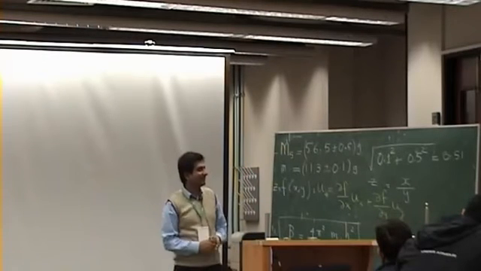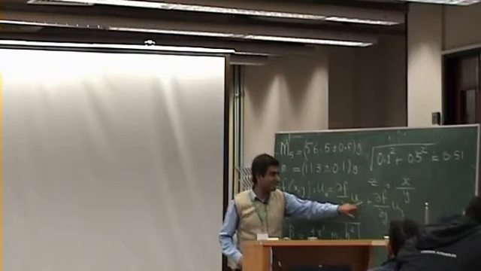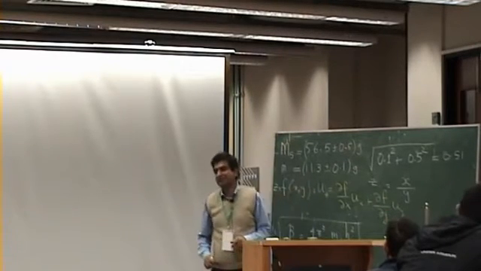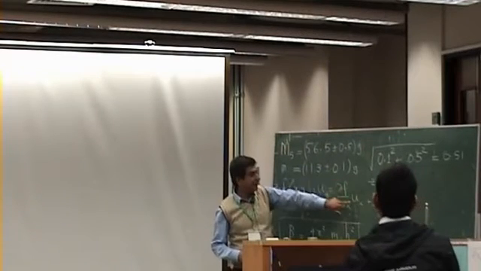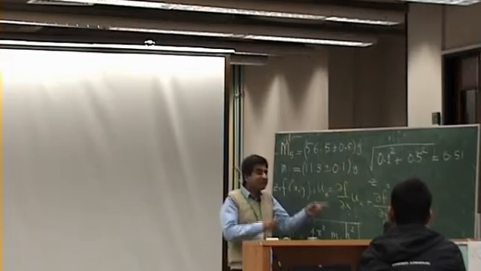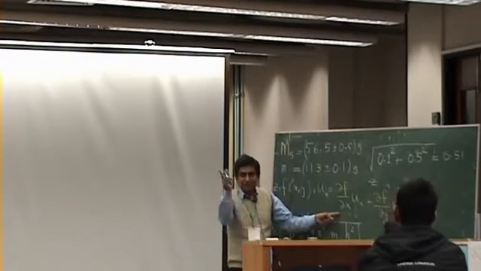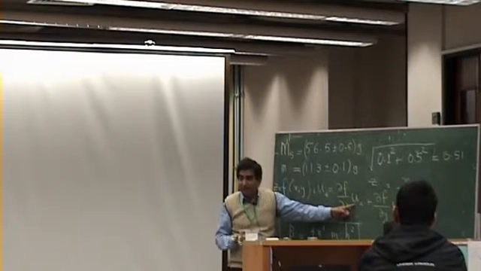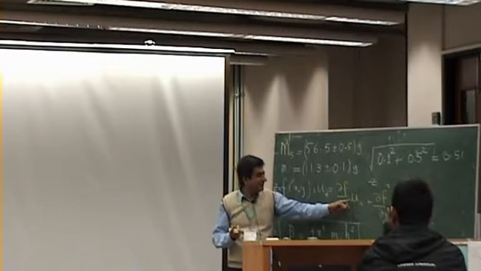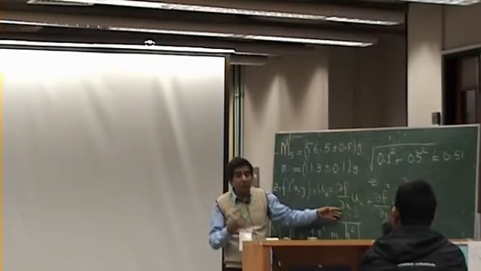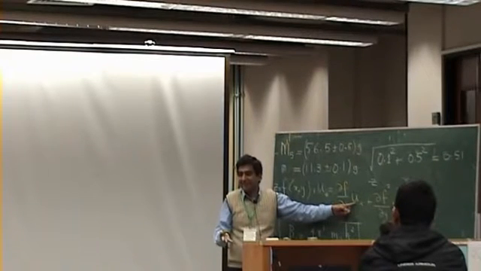Now what is this telling us? Uncertainty in z depends upon the uncertainty in x and the uncertainty in y, but not by the same amount. The weightage that you give to the uncertainty in x is how much f varies with x. If this derivative is large, it means that this is a prominent uncertainty. Right? If this is large, f depends more upon x. It means you have to give more weightage to the uncertainty in x.